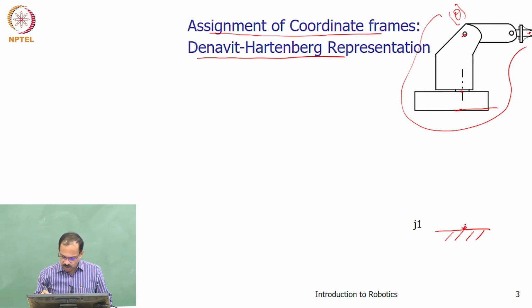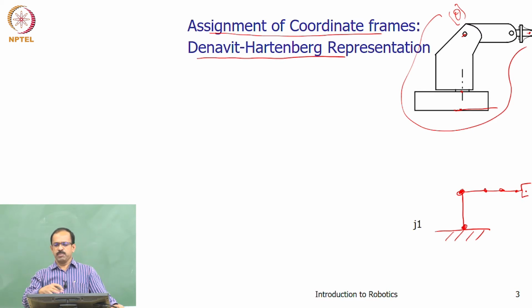I will assume that there is a joint here and a link here, then a joint here, and another joint, and like this, and finally I say, this is the robot configuration. So, I will make a home position. It can be any position, it does not really matter. You can put it like this, or like this, whatever you want.